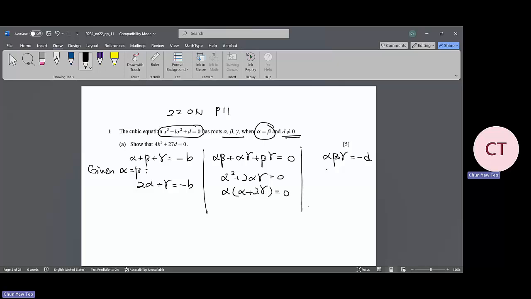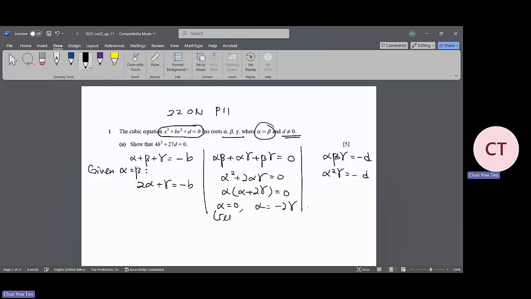The third relationship gives alpha squared gamma equal to negative d. The middle one looks more useful at the moment because we know it is equal to 0. So that means alpha is 0 or alpha is negative 2 gamma.